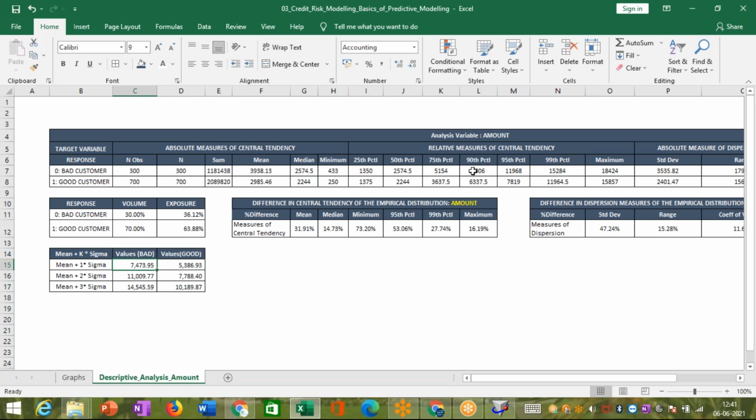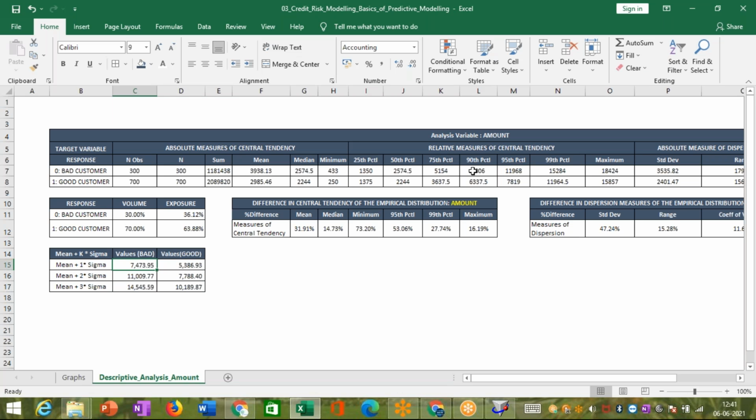So one thing I can clearly say is that because it is a right-skewed distribution, the majority of the observations are lying within plus minus 1 sigma, 80% of the observations, whereas ideally it should have been 66.67%, right? So this clearly shows that, for the bad accounts, this distribution is more skewed to the right.